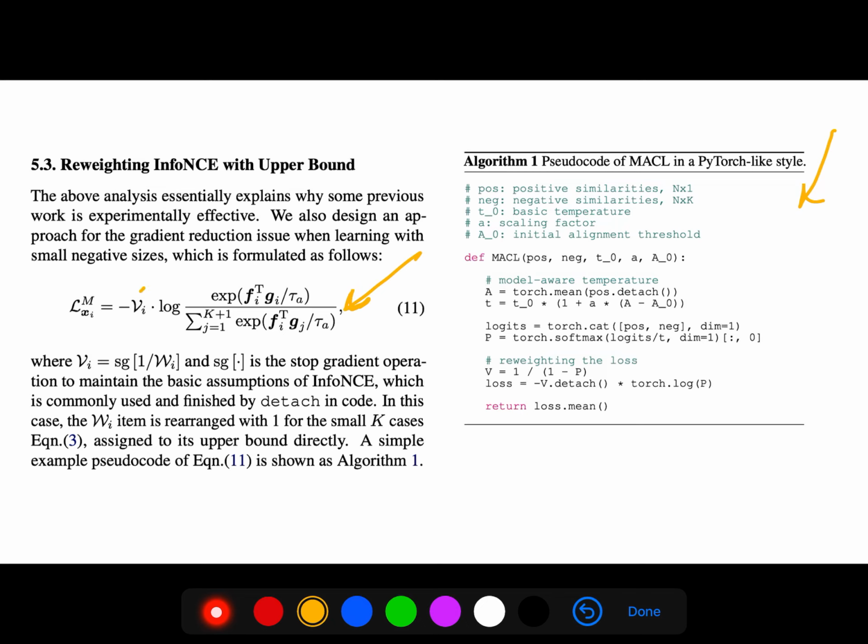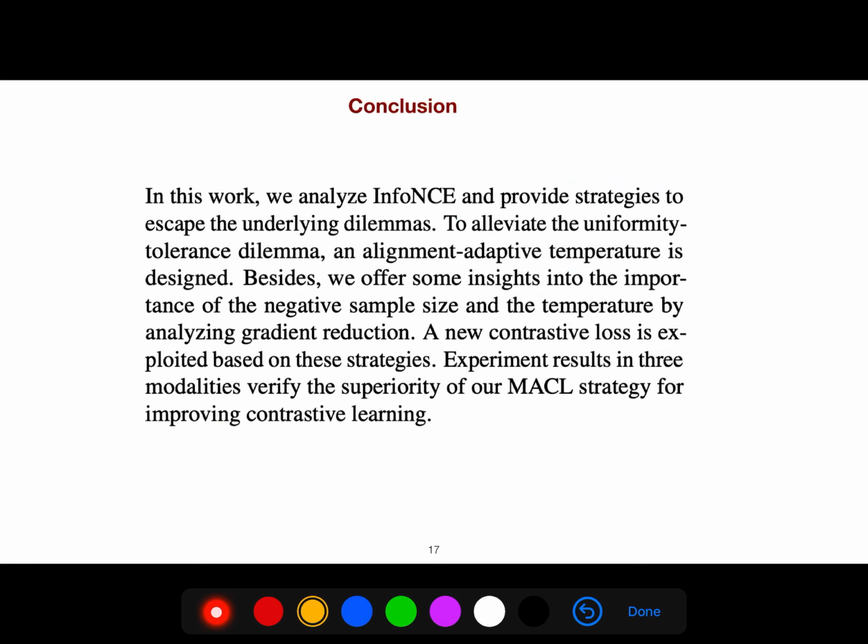As you see, inside Vi, we have a stop gradient. This is the key, which is commonly used. If you just use detach, then the backpropagation would not propagate backward, so it is detached.